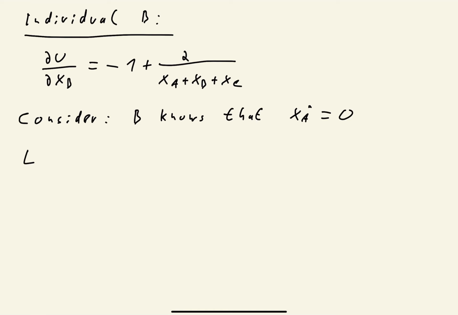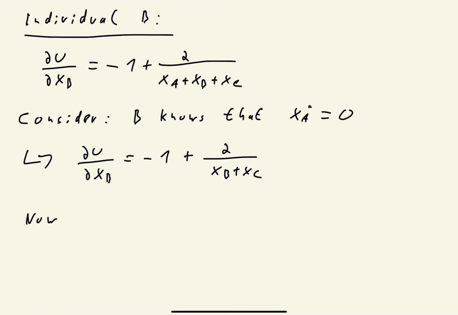Therefore, what we then have is that his marginal utility is given by -1 plus 2 divided by xb plus xc. Yeah, so this is all that he needs to care about. Now, let's consider the two cases which are interesting here.